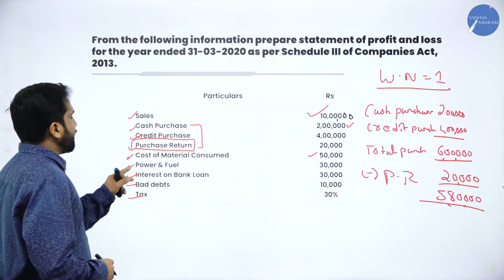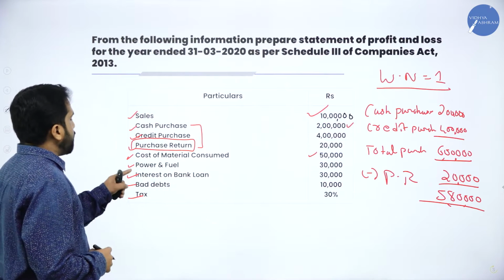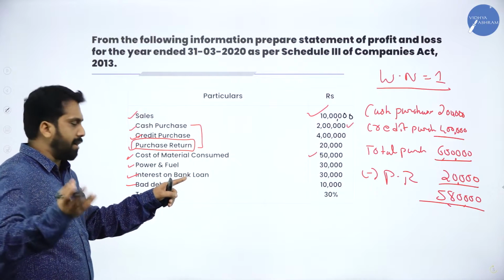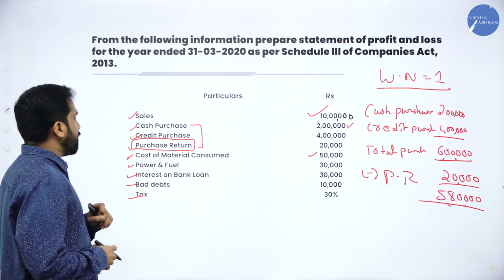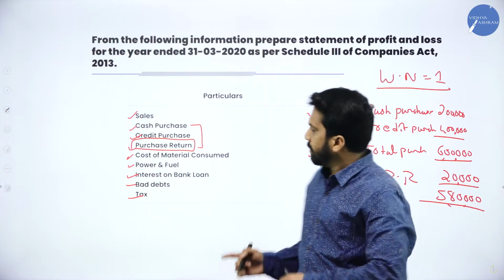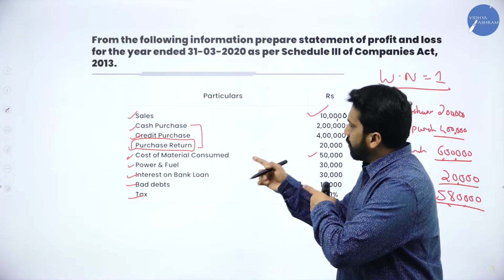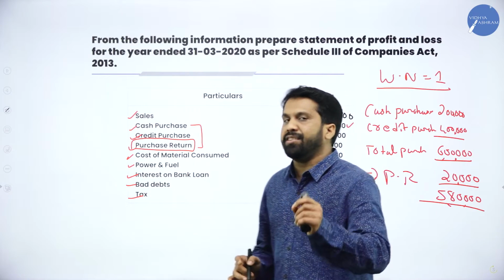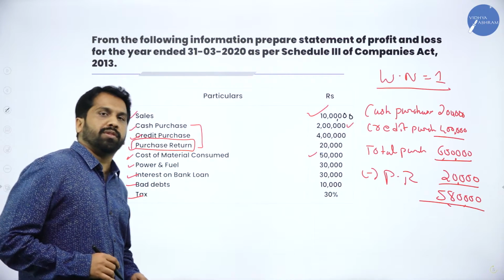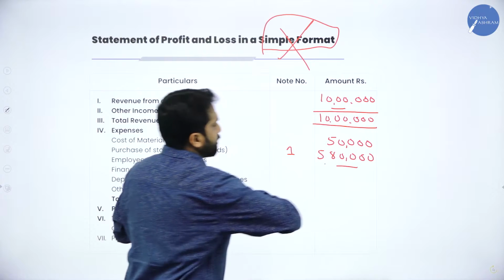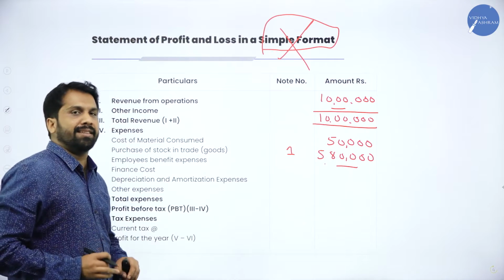Cost of material consumed over. Power and fuel will take it later. Interest on bank loan will come later. Bad debts will come later. Is there anything which is related to employees? No salary, no benefits, no leave encashment, nothing is given in your question. So what we should do? Yes, simple. Employee benefit expenses dash means it is nil.